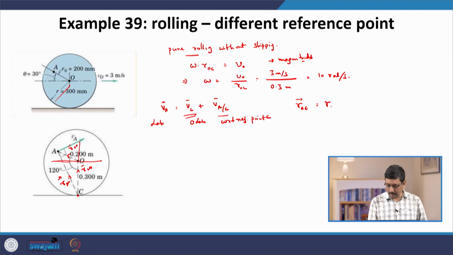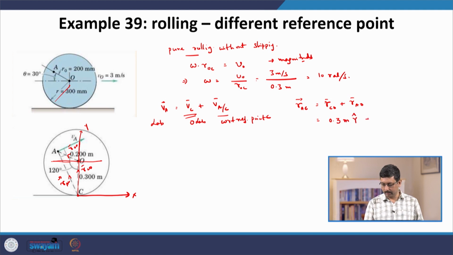So, RCO is the position of O with respect to C plus the position of A with respect to O. Now, if this is my origin, this is the x axis and this is the y axis, then RCO is 0.3 meter times y hat.